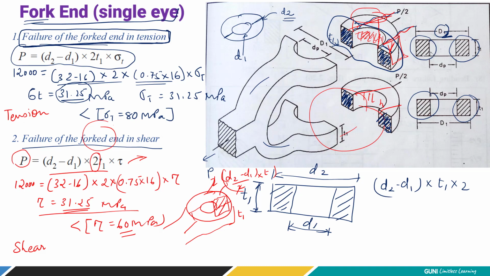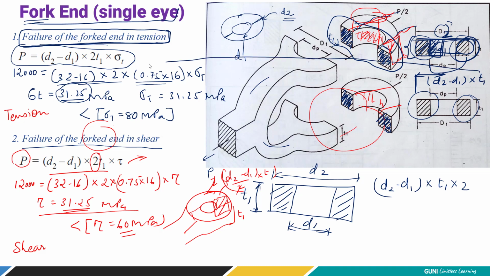So d2 minus d1, okay? So this is what the horizontal length of the rectangle. Let me combine this cross section over here so we can understand. I'm just moving this part and putting side by side so you can understand this is the total resisting area, right? So the horizontal length is very simple, d2 minus d1, and the vertical height means this one, which is the thickness t1, right?